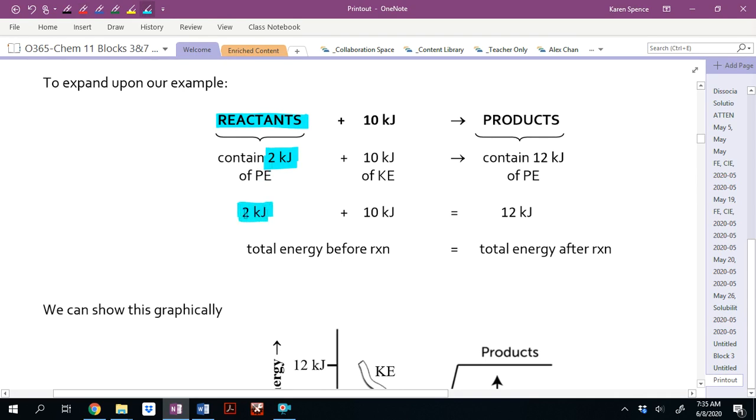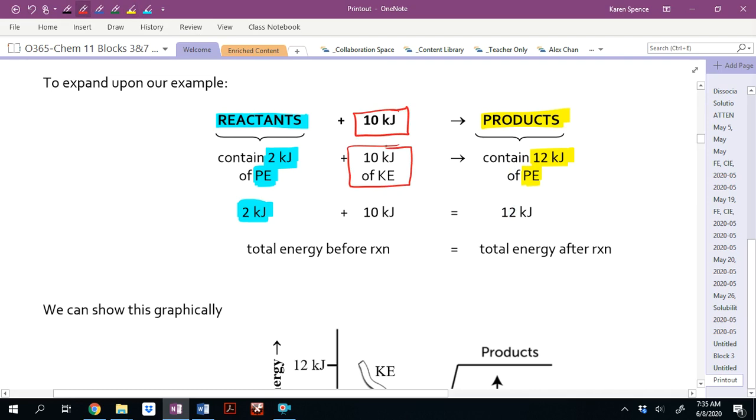Our products contain 12 kilojoules of potential energy. And where did that extra 10 kilojoules come from? That extra 10 kilojoules came from 10 kilojoules of kinetic energy.